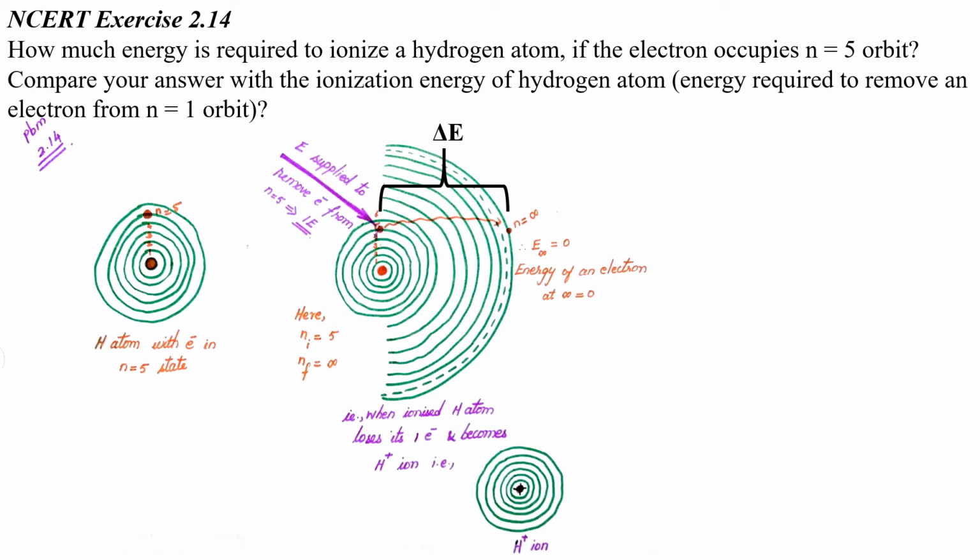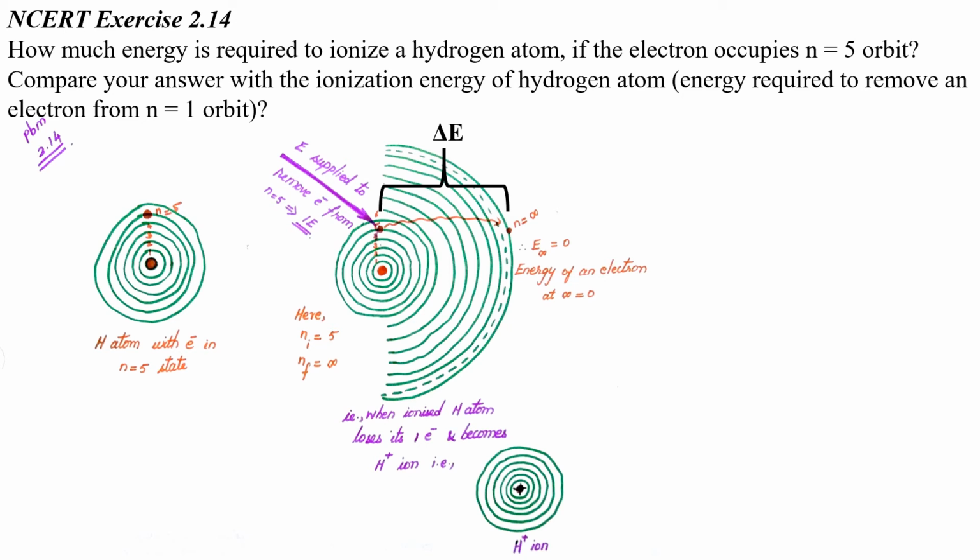Here, let's imagine that we supply a sufficient amount of energy to the electron in the fifth orbit such that it absorbs this energy and jumps to an infinite distance, say the nth orbit at infinity.